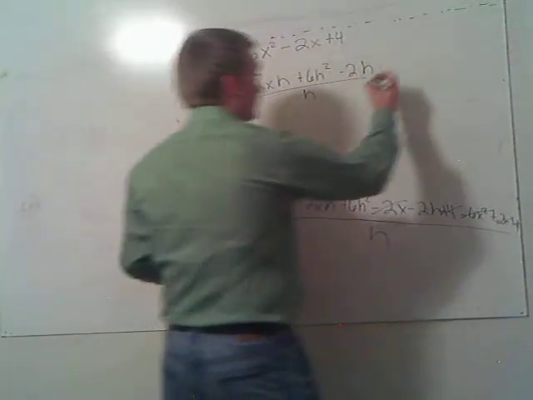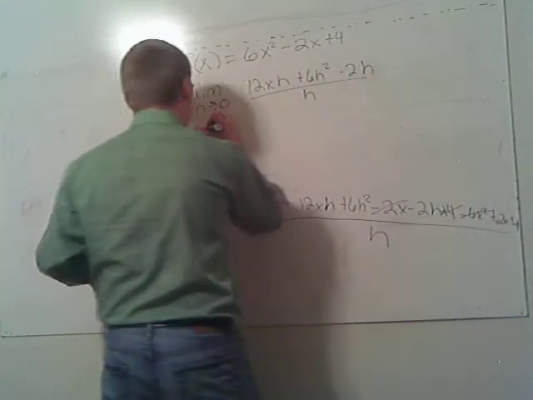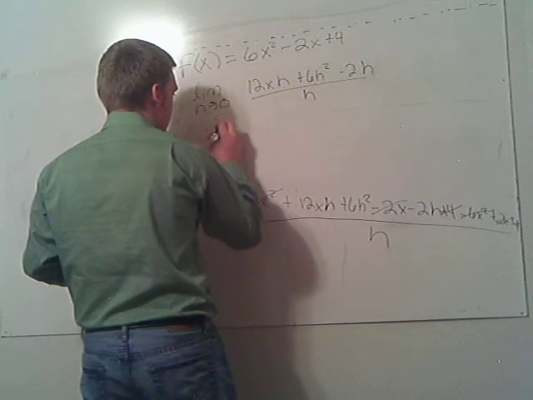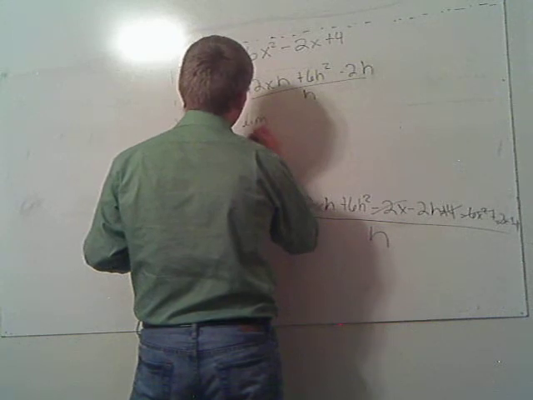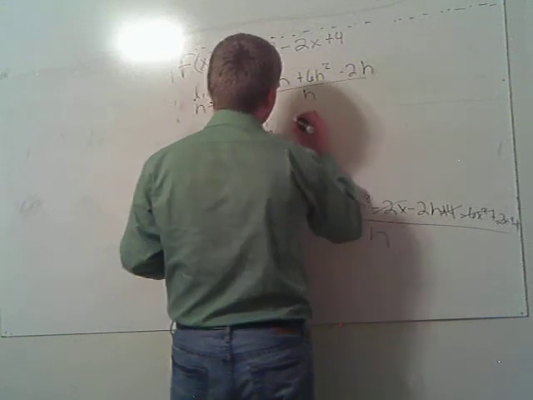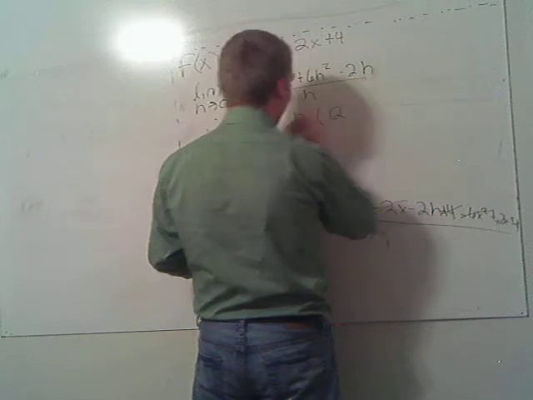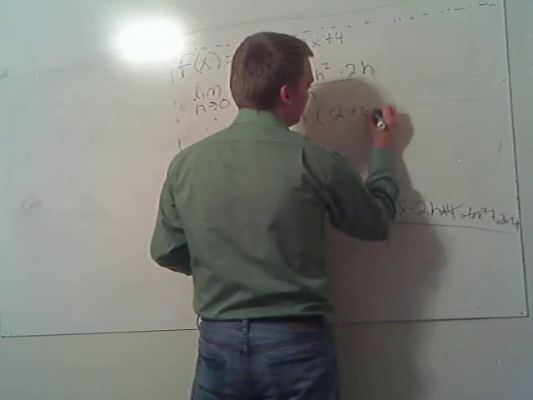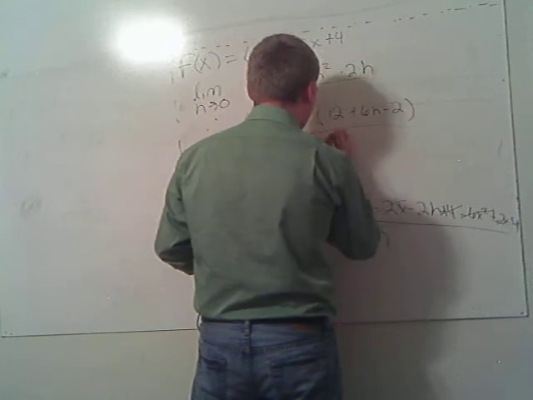So what we get is, we can say therefore, the limit as h goes to 0 equals, you pull this h out, 12x plus, that's still 6h, minus 2 over h.